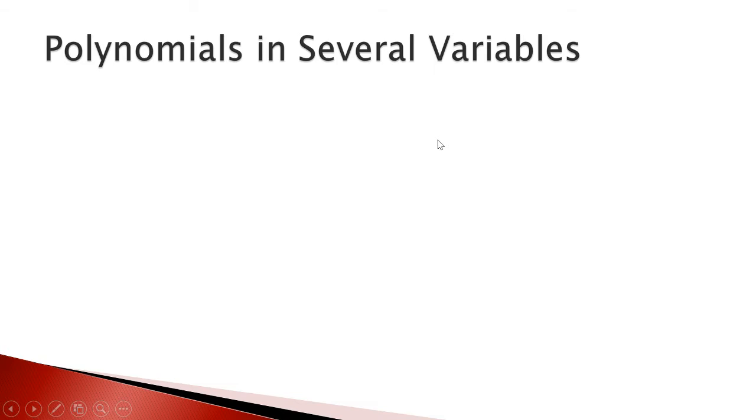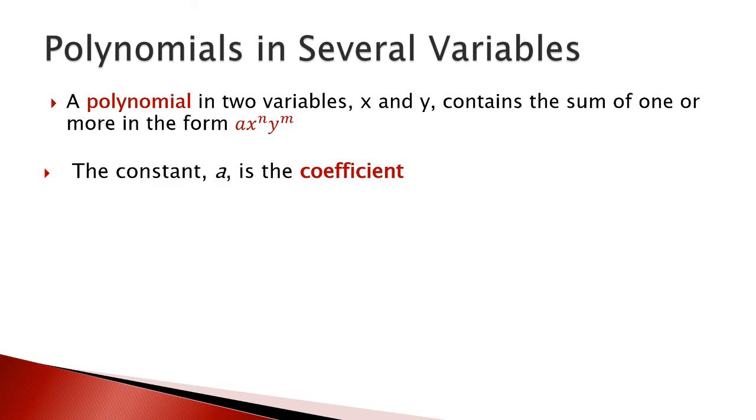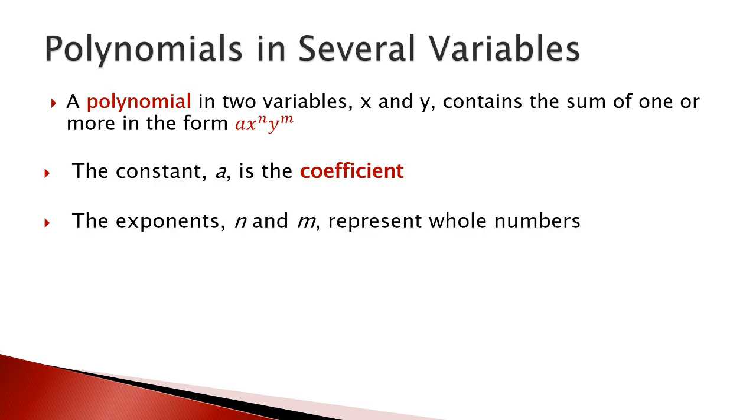Polynomials in several variables. A polynomial in two variables x and y contains the sum of one or more terms in the form a times x to the power n, y to the power m. The constant a is the coefficient.